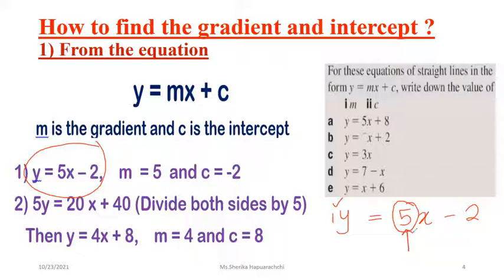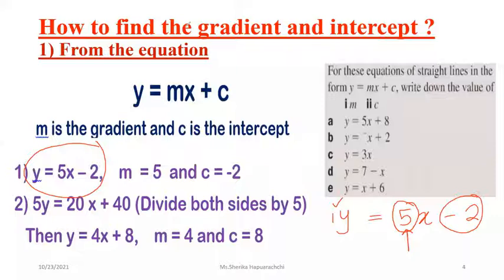So according to this equation, my gradient is 5 and the intercept is minus 2. Normally for the gradient, we use the letter m. So according to the first example, my gradient is 5 and the intercept is negative 2, right?